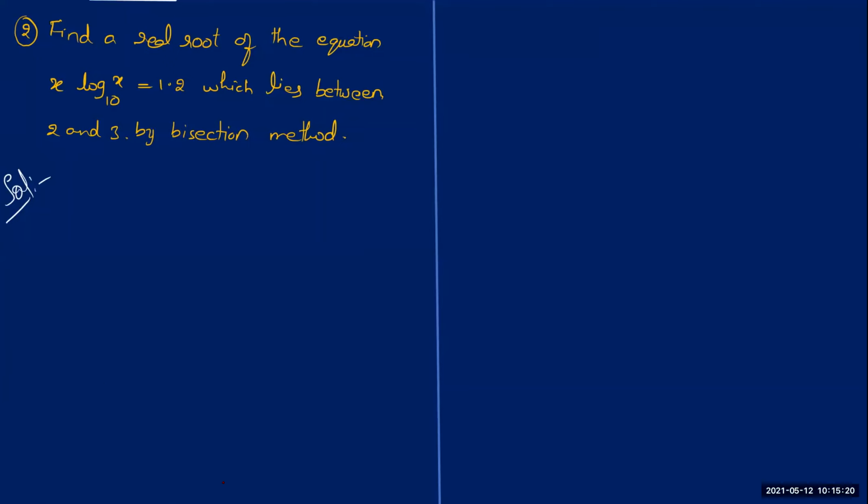But usually while solving any problem in the bisection method, we try to take some function equal to 0 on the right side. It should be something like f of x is equal to 0 always. So to get the equation in this form, I'm just rewriting it like this.